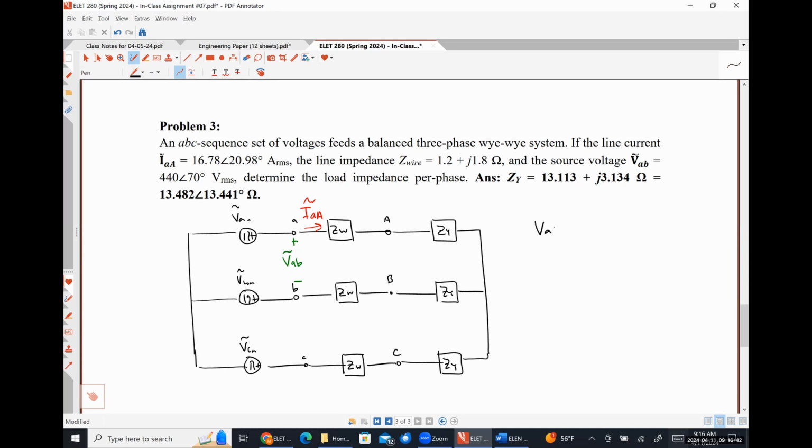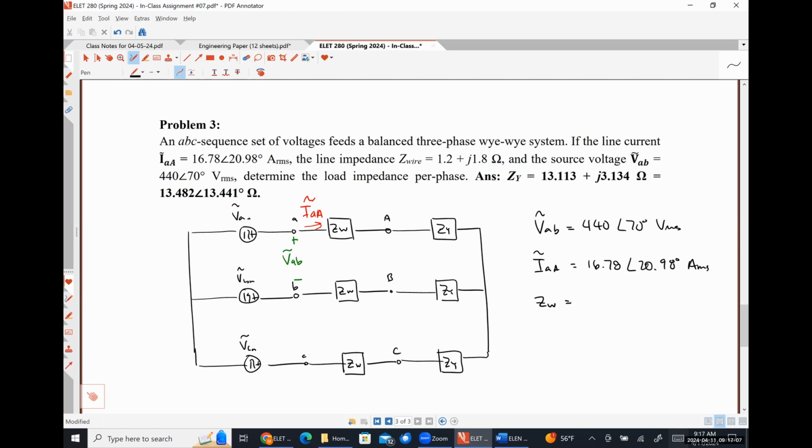The voltage VAB was 440 angle 70 degrees volts RMS. Our line current IAA is 16.78 angle 20.98 degrees amps RMS. And the impedance of our transmission line is 1.2 plus j1.8 ohms.